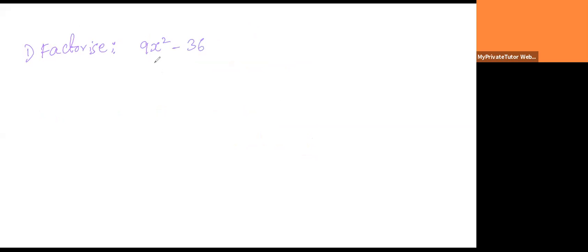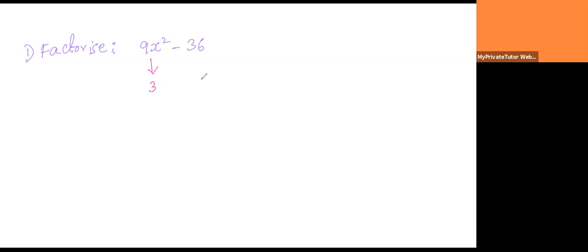We can just simplify. So 9x square, we have a 9, right? So 9 can be written as 3 square. So 9x square becomes 3x whole square, minus 6 square which is 36.